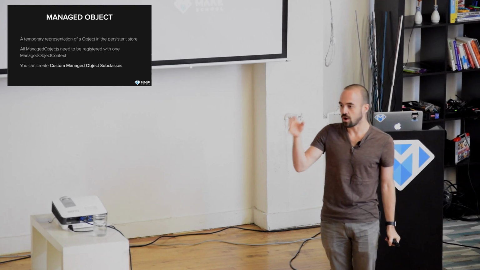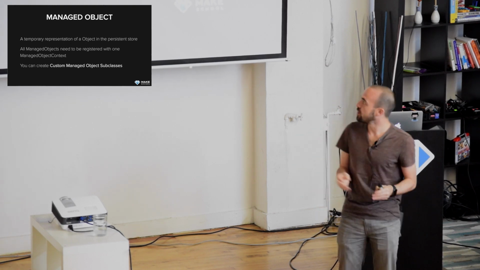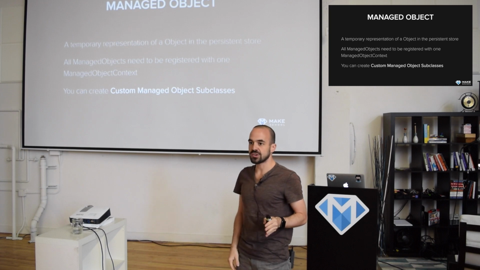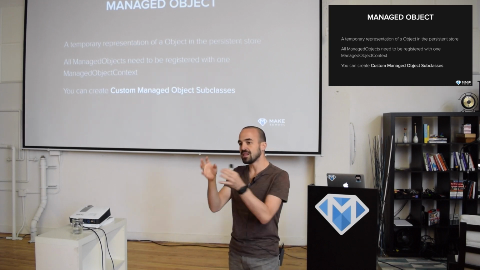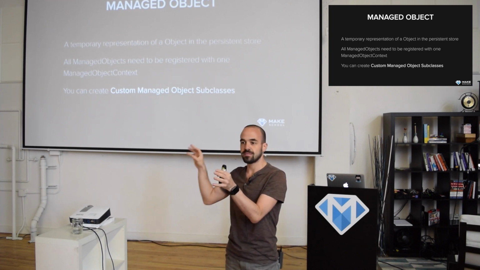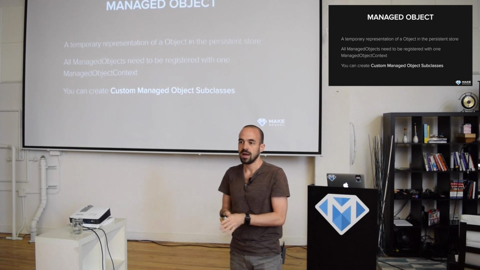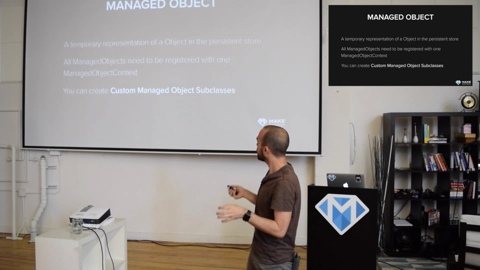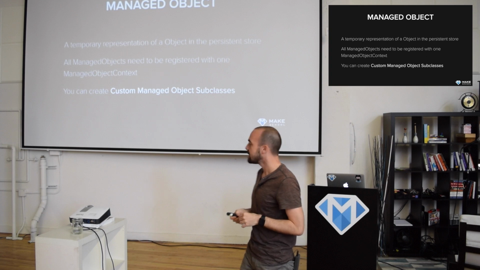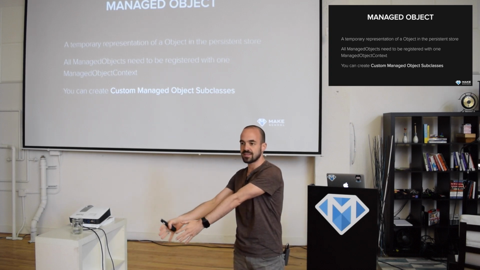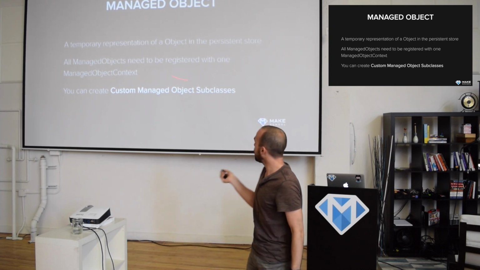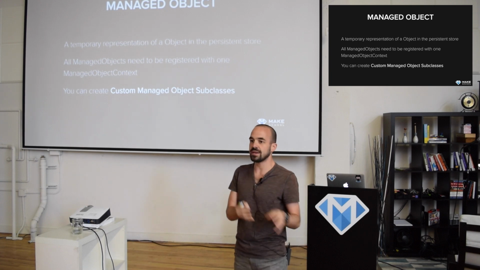So they have a price and an author, for example. Then you could make changes on that NSManagedObject, but at that point in time, they still only are in that context. It's not stored in your persistent storage yet. And then you can save that NSManagedObject again through the NSManagedObjectContext, and then it will be stored in the persistent storage. So it's basically always a temporary representation of what you currently have in the database.